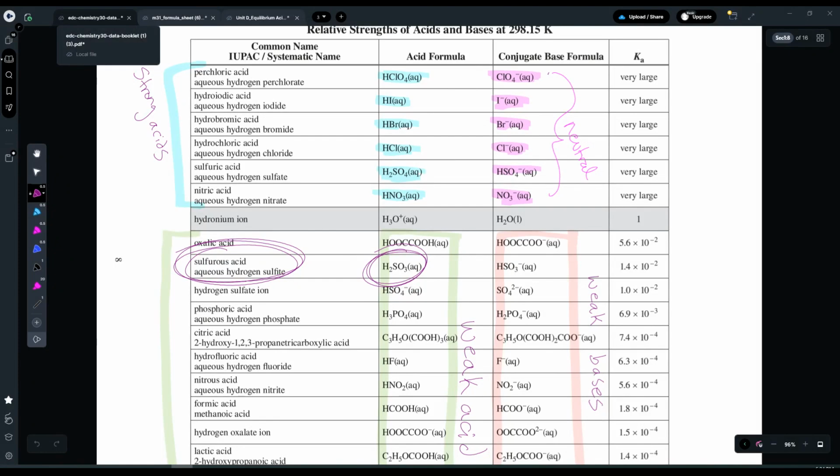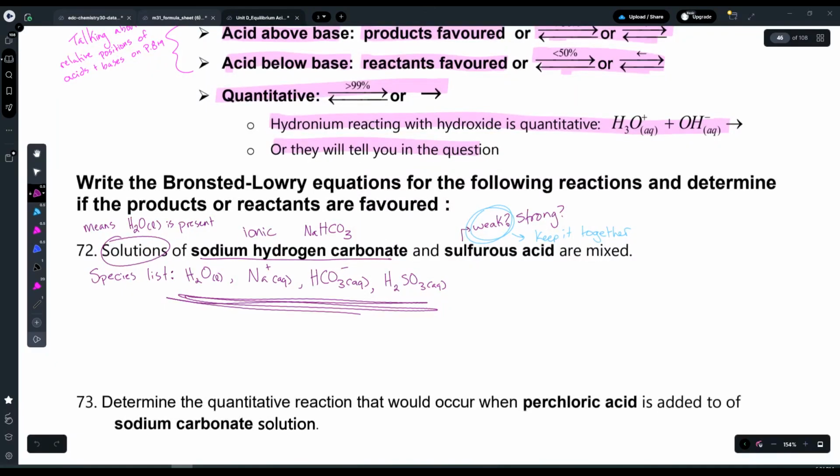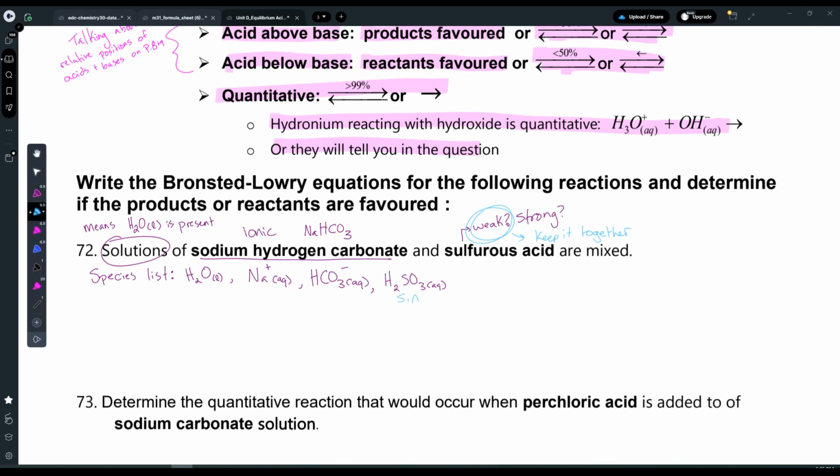So let's go back here, and keeping all of our species in mind, I'm putting my finger right here, tracing down, and it looks like the first thing that I run into is going to be that sulfurous acid. So I can label it as my strongest acid. So I'm going to label it as SA.